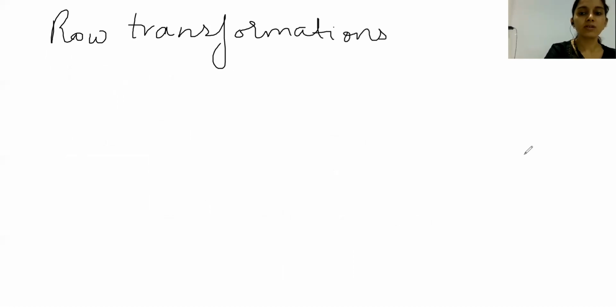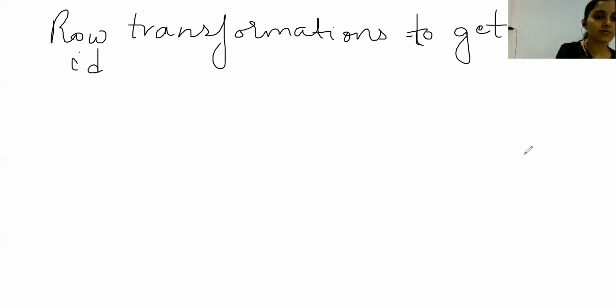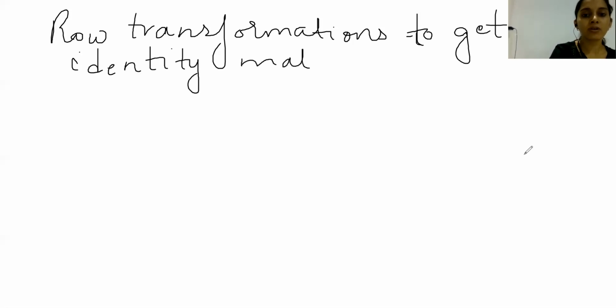I'm mentioning the order in which you should do the transformations to get an identity matrix.